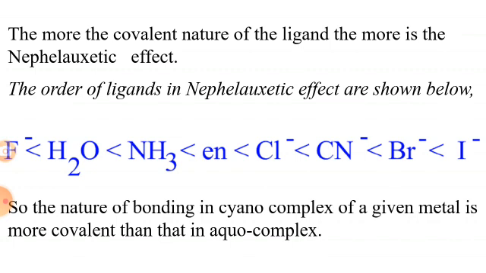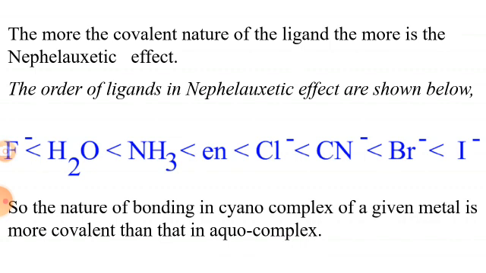In this Nephelauxetic series, which ligand leads to more and which ligand leads to less repulsion depends on the Nephelauxetic effect. So in this series, F minus to I minus is there, and the last is I minus.